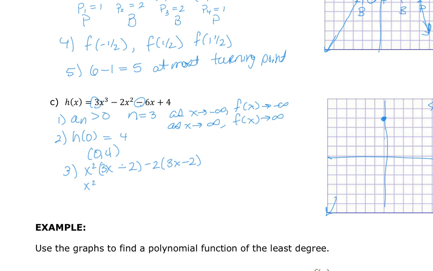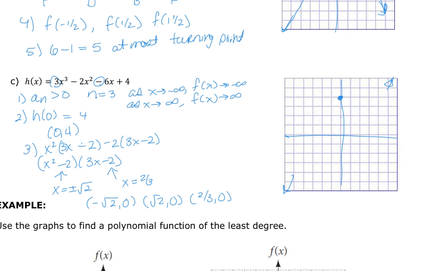And so we get x squared minus 2, and then 3x minus 2. We know this, if we set this thing equal to 0, we're going to get x is equal to positive or negative square root of 2. And this is going to give us x is equal to positive 2/3. So my intercepts are (negative square root of 2, 0), (square root of 2, 0), and (2/3, 0).